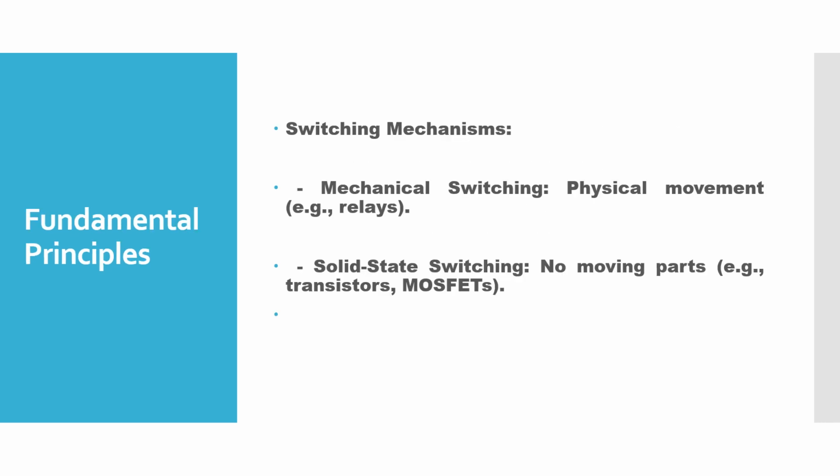Now, what are the fundamental switching mechanisms? We have different types. If we talk about relays, we have different types of relay. Those are mechanical switching, the physical movement of a switch. Once the relay is powered, it moves from normally closed to normally open, or vice versa.